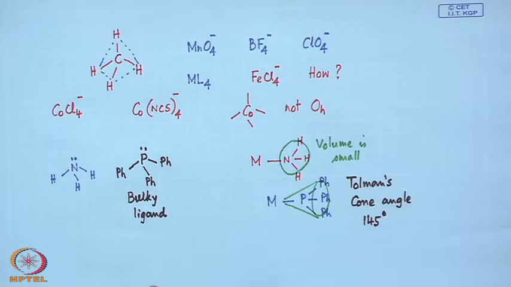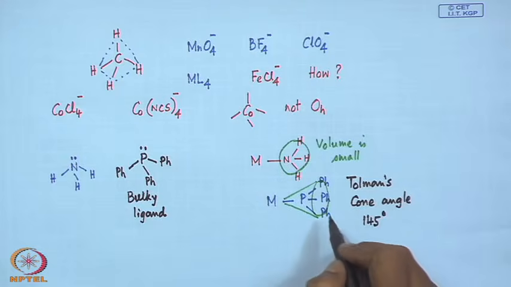So, these substitutions on the phosphorus atom are very important to change the corresponding cone angle.